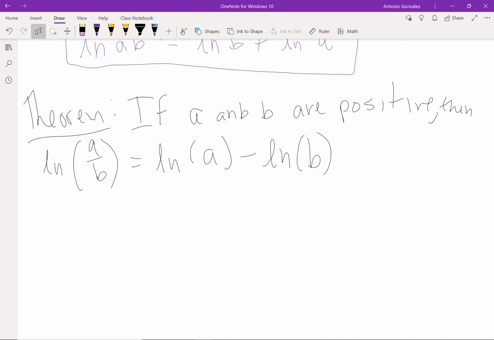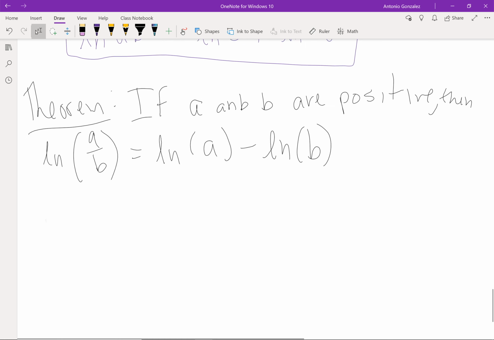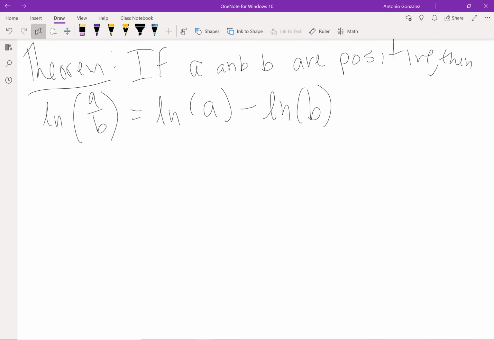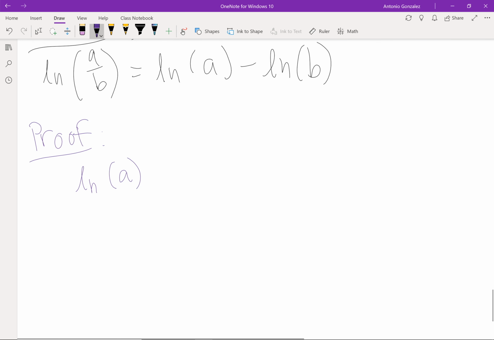So I'm going to start with the natural log of a, where a is some positive constant, and I'm going to rewrite this as the natural log of b times a over b. Again, b over b is 1, so this is equivalent, and remember b is some positive constant.